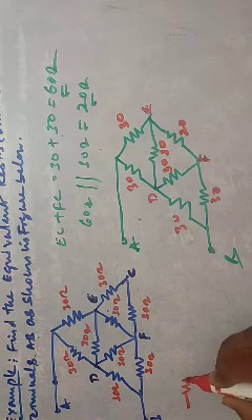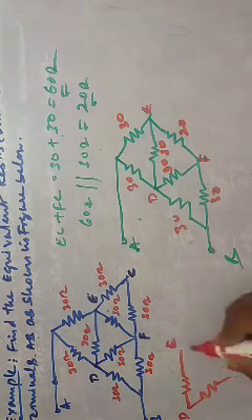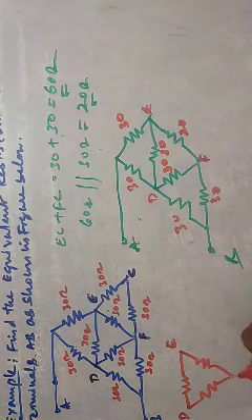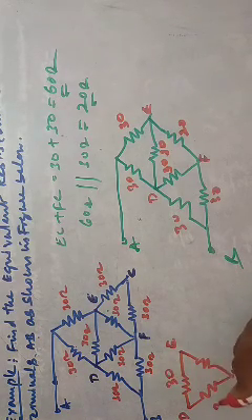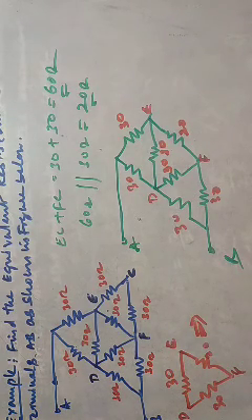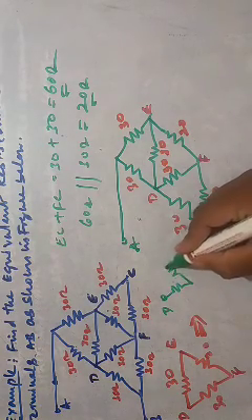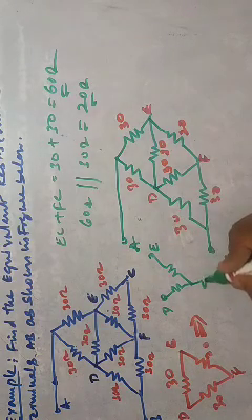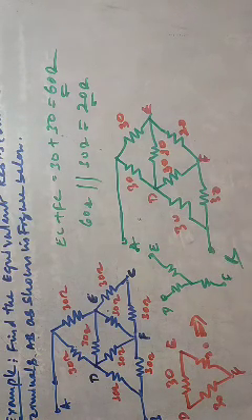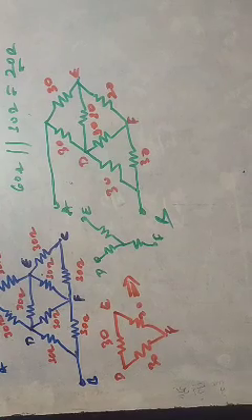Let's write DEF separately. In delta form, that is 30, 30, 20. It has to be converted into star, that is D, E and F. Instead of using the formulas, I will write RD.